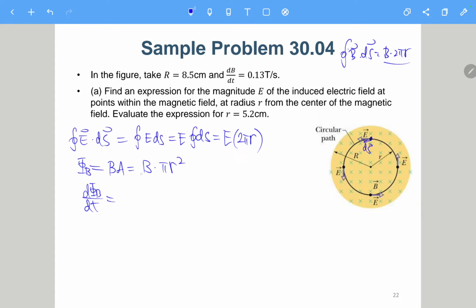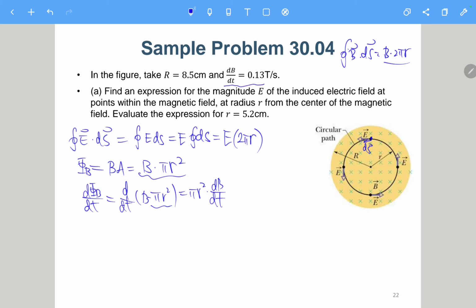So d phi B dt is d dt of B times pi r squared. And of course, pi r squared is not related to time, so it is actually pi r squared times dB dt.